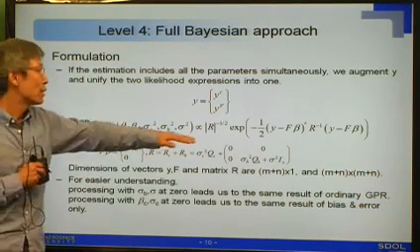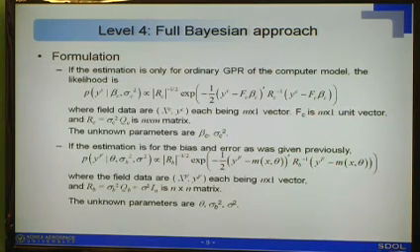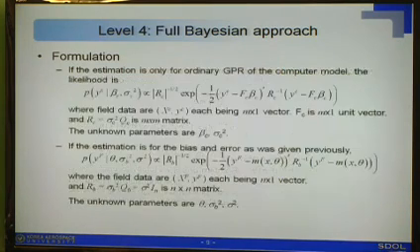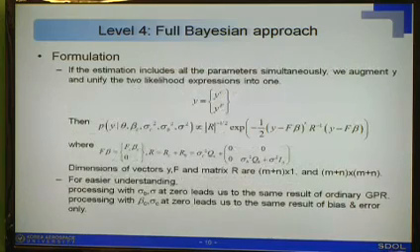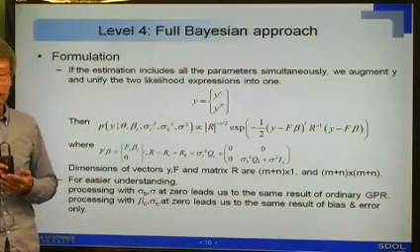Then the likelihood becomes like this. Although the expression looks pretty much similar to the previous one, it is actually much more complex. The basic expression looks the same, but the details are different.